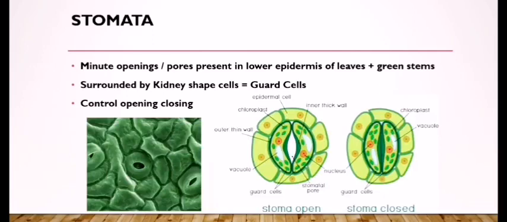Here the most common identification you have to do is the guard cells, the stomatal pore, and the chloroplast, nucleus and vacuole. You will not be asked to label epidermal cells or inner thick wall or anything like that, but the most common are guard cells, vacuoles, stomatal pore, and nucleus and chloroplast also, but you can mostly think about guard cells identification.